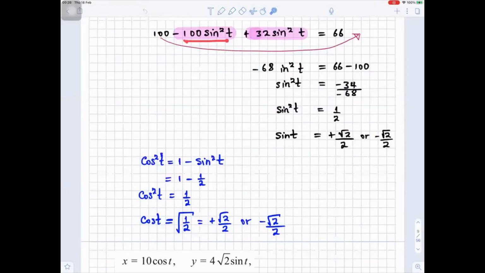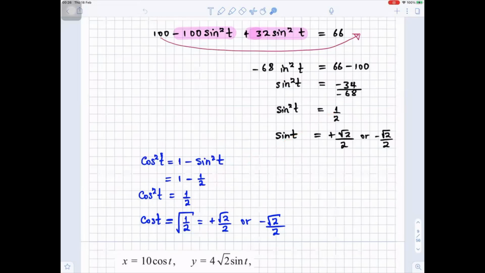So we have minus 100 plus 32, which gives you minus 68 sine squared t equals 66 minus 100. And then sine squared t would be minus 34 over minus 68. Sine squared t would be a half. So sine t would be the square root of a half, which is plus root 2 over 2 or minus root 2 over 2. But we know that cos squared t is equal to 1 minus sine squared t. But sine squared t is a half.